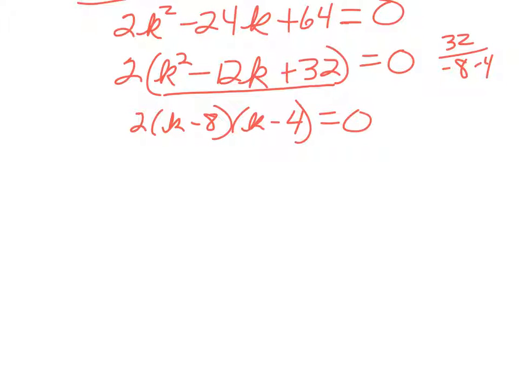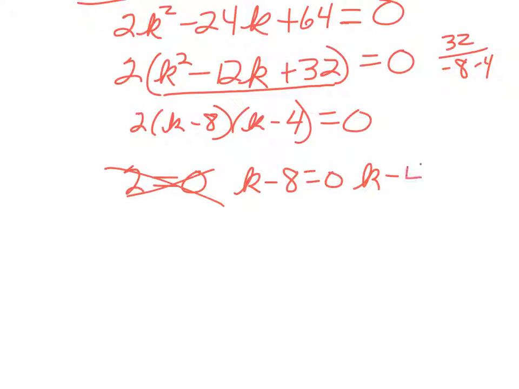We'll take each factor then, set it equal to 0, and solve. If you think about it, the 2 can't equal 0. So we're going to ignore it. So either k minus 8 is equal to 0, or k minus 4 is equal to 0.